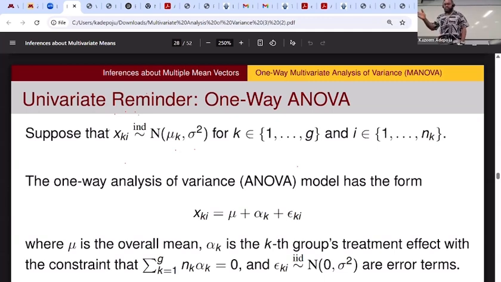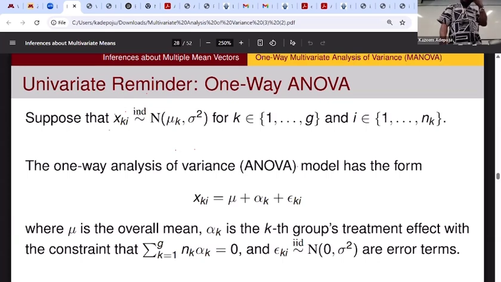Just like what we've been doing, we'll have a recap of one-way analysis of variance for one variable. The moment you understand that, all we're going to do is an extension of it. Now let's get started. Ronald Fisher, in 1925, put forward analysis of variance tests to compare means in more than two groups.